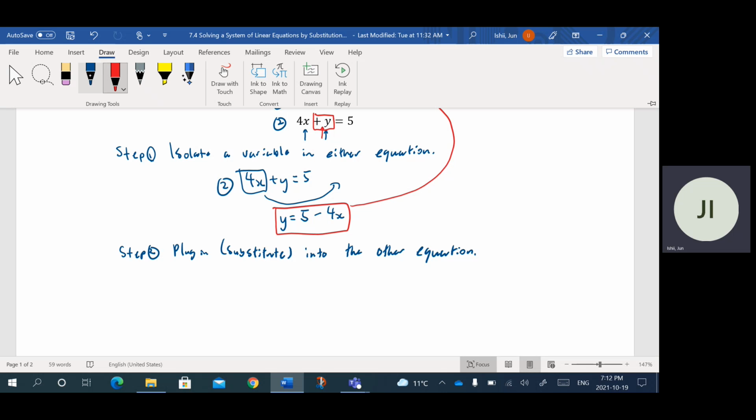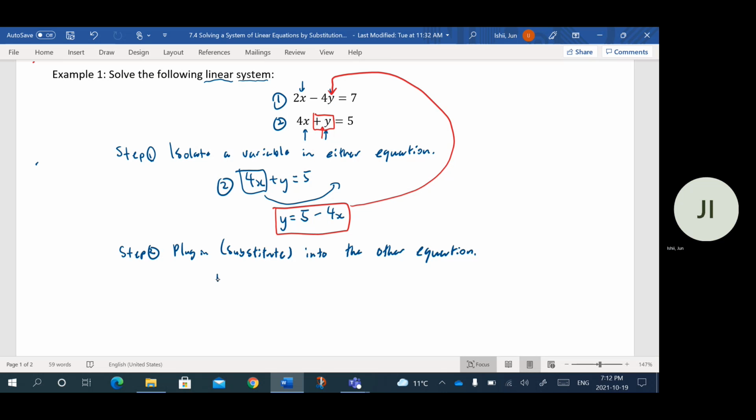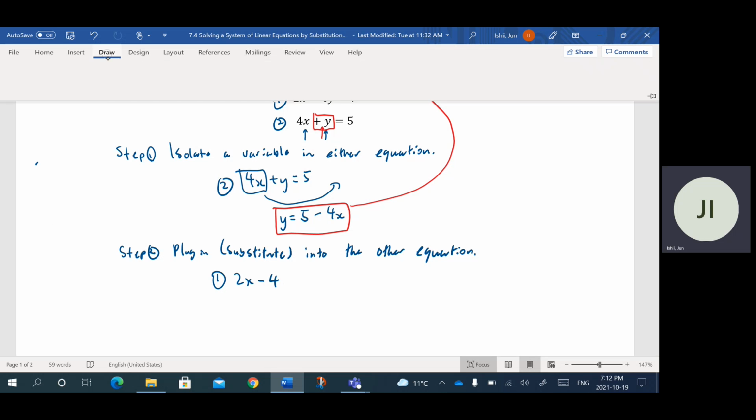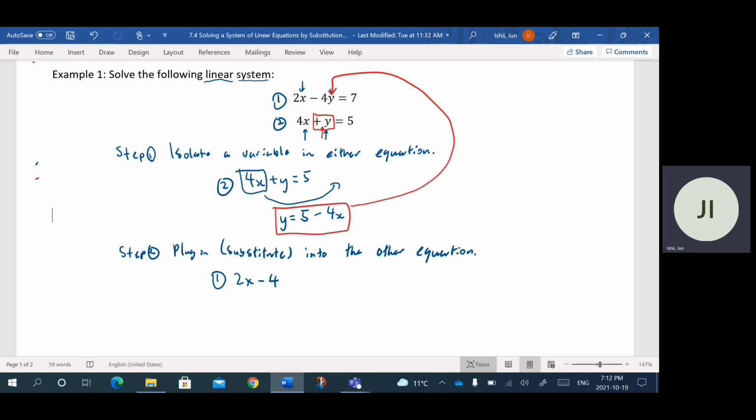So it is going to look like this. We've got 2x minus 4, and now instead of writing y, let's sub in here 5 minus 4x. Since we found out that y is equal to 5 minus 4x, I can plug the 5 minus 4x into this y right here.